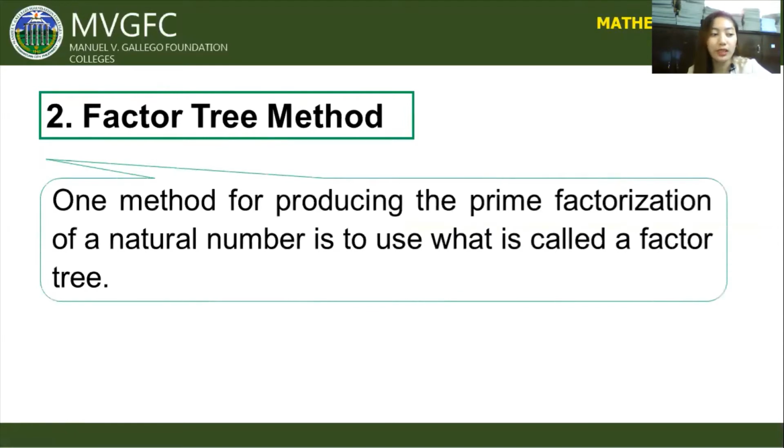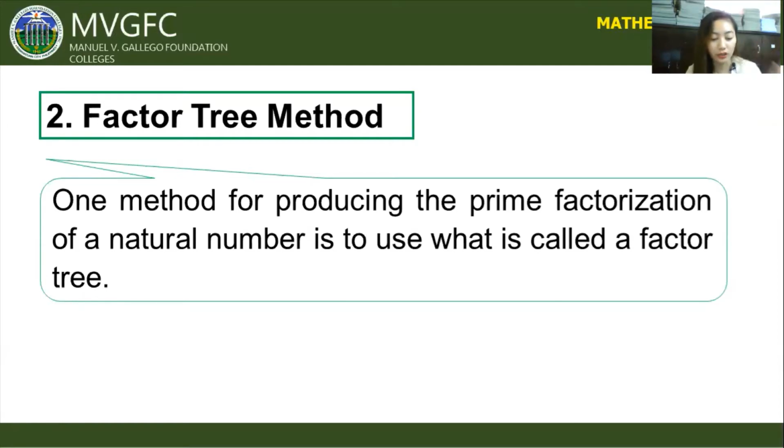The factor tree method is one method for producing the prime factorization of a natural number. The first step in making a factor tree is for you to find a pair of factors whose product is the number that we are factoring.